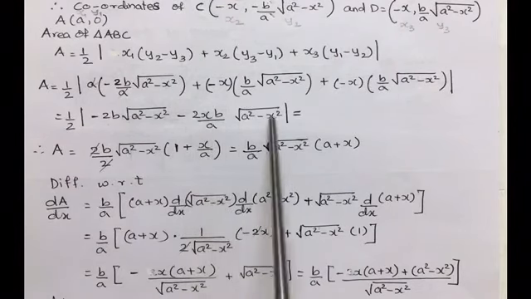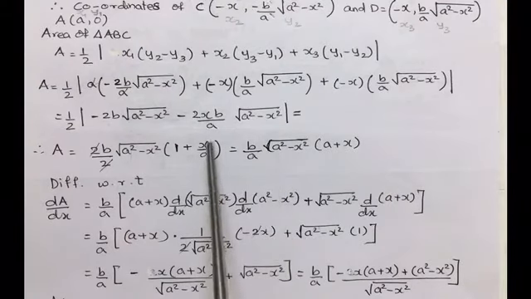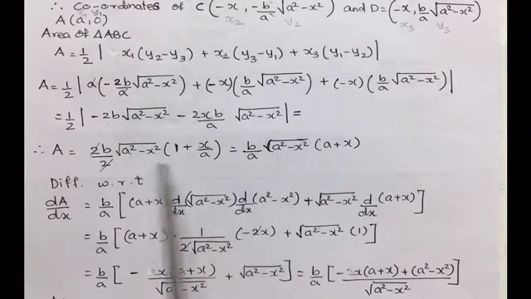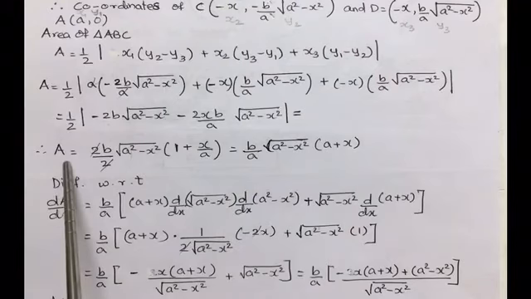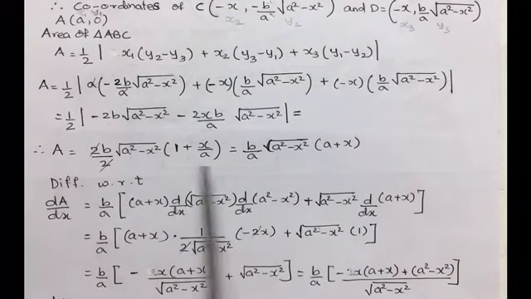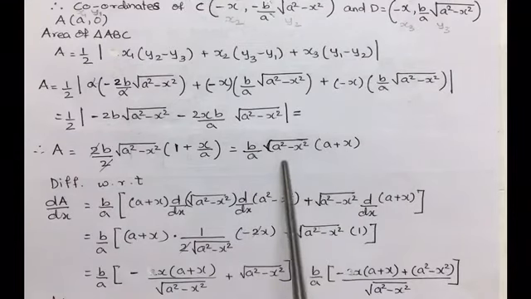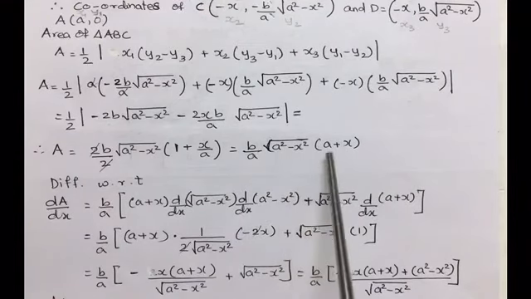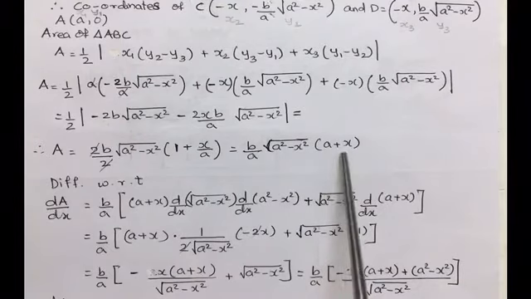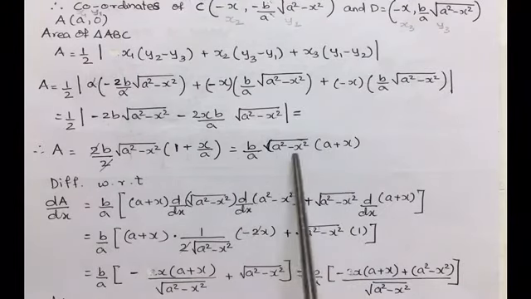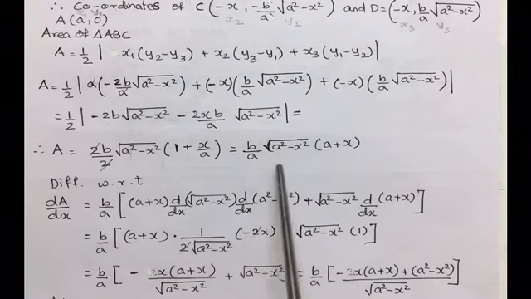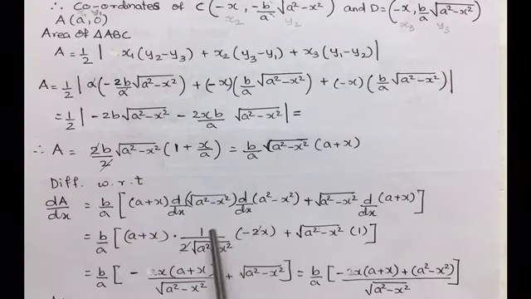So from this term only x by a remains. So the complete area function we get as b by a under root a square minus x square into a plus x. We simplify it to this point because the second derivative will be easy for us to calculate.